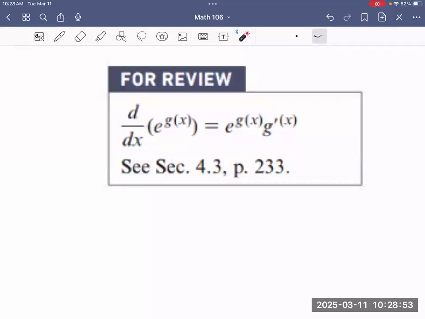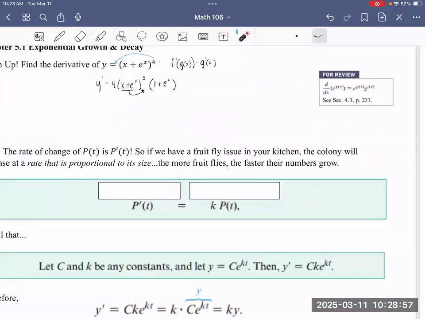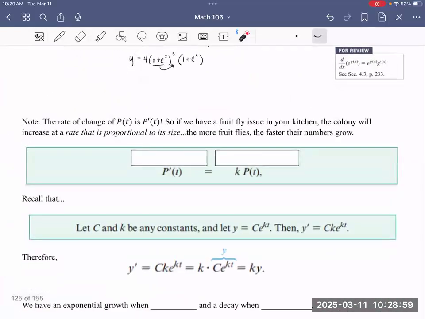When we break it down, note that the rate of change of P of t, your normal function, is itself. The rate of change would be P prime of t.